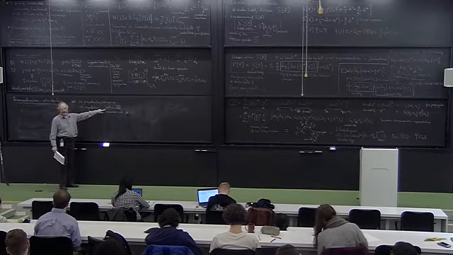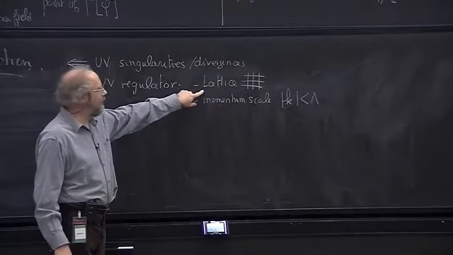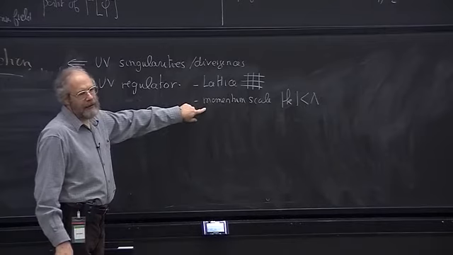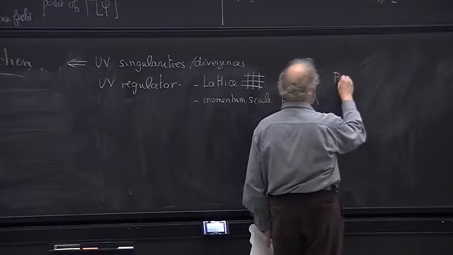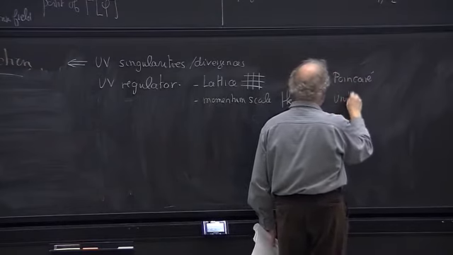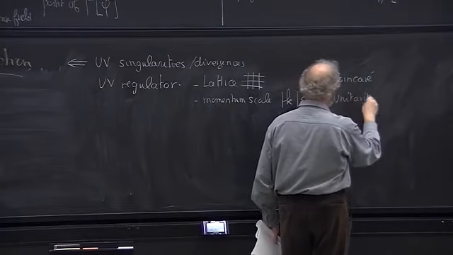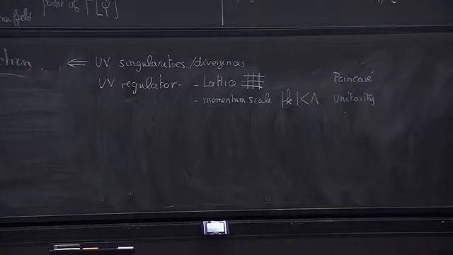For instance, on a lattice, of course, you lose Euclidean or Poincaré invariance, which is quite bad. And here, in fact, you lose unitarity. So you have problems with Poincaré, with unitarity, etc., and causality, etc.